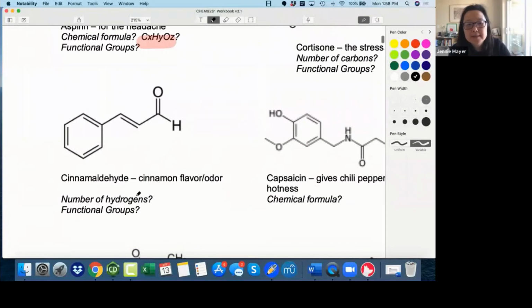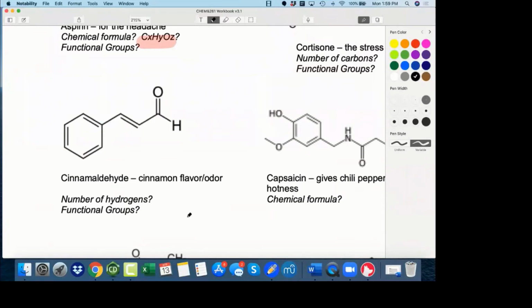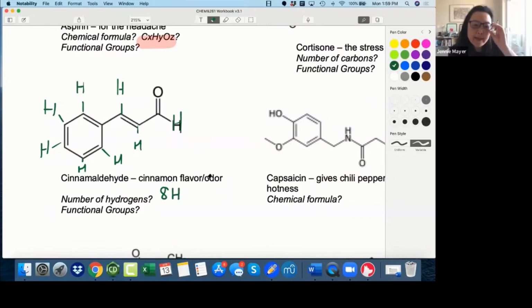Again, practice with your hydrogens and practice with identifying, circle and label your functional groups. Okay, so I have 8 hydrogens.